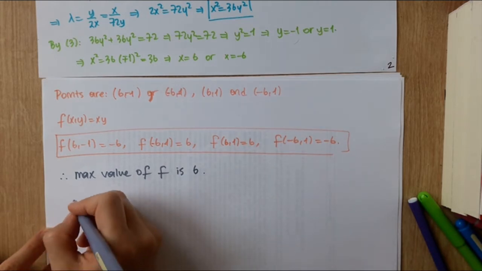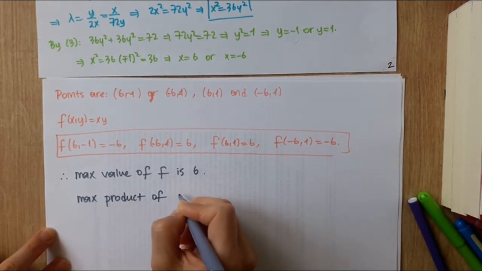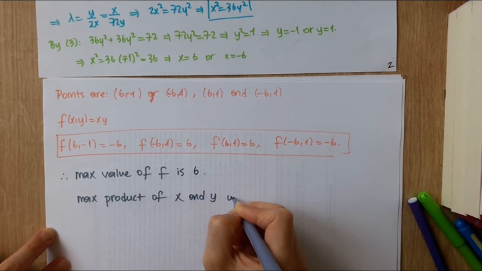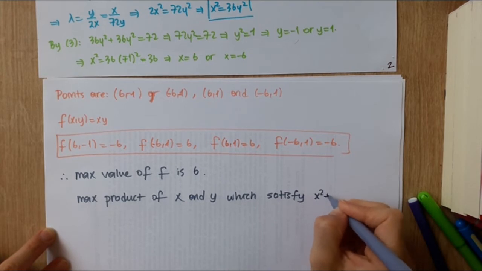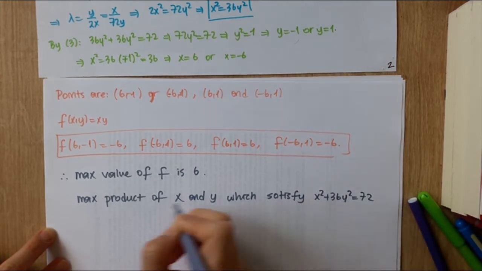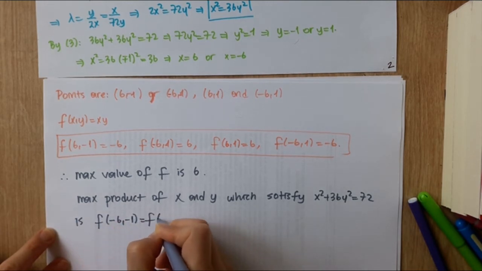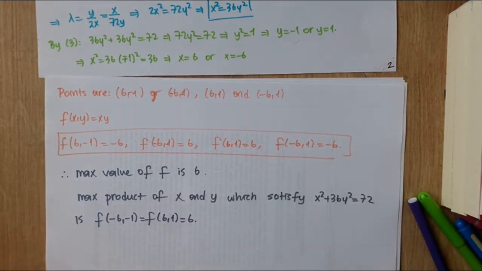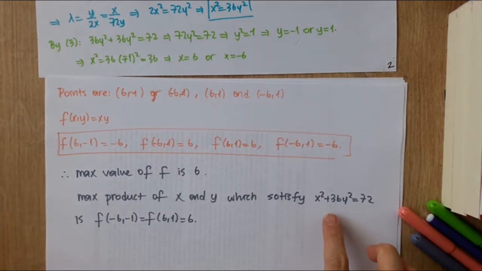I can write it like that: the maximum product of x and y which satisfy x squared plus 36y squared equals 72 is f of minus 6, minus 1 equals f of 6, 1 equals 6. Okay, it happens at the points minus 6, minus 1 and 6, 1. So this is the maximum product of the two numbers which have to satisfy this equation.